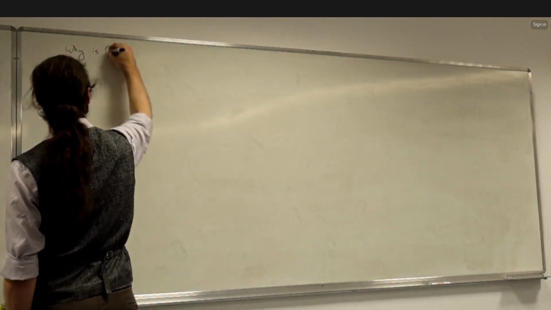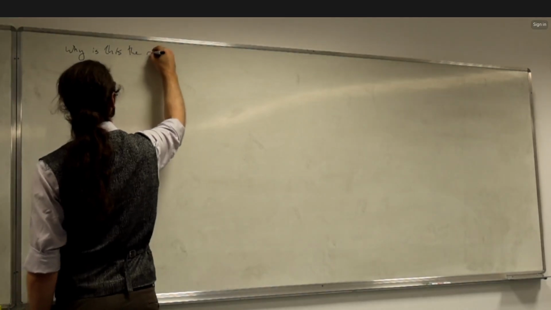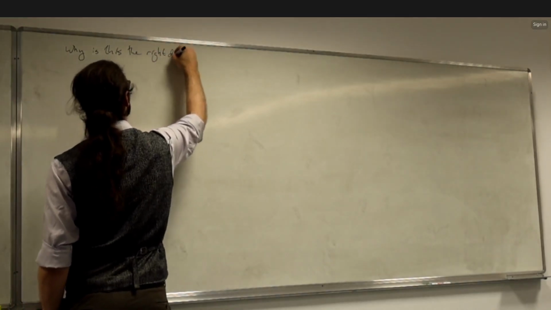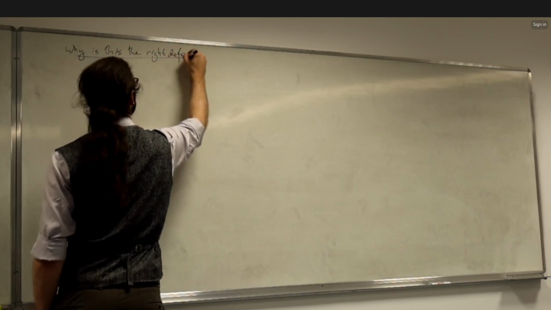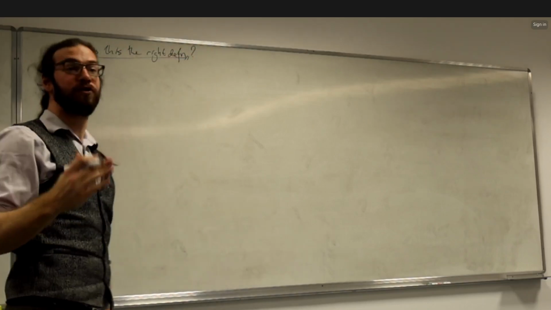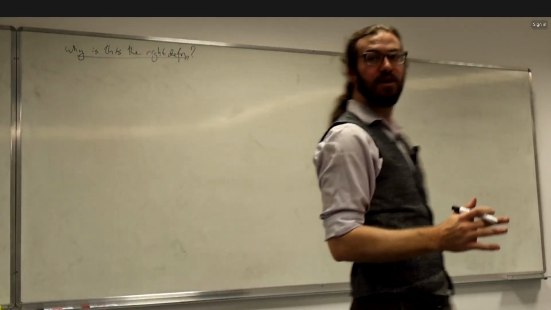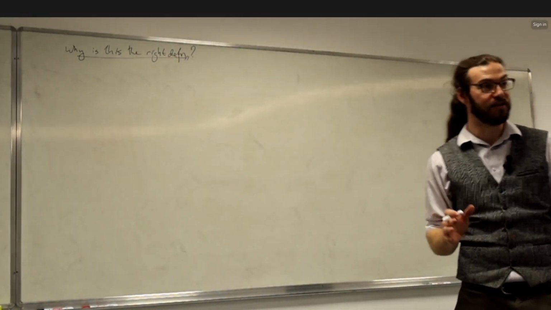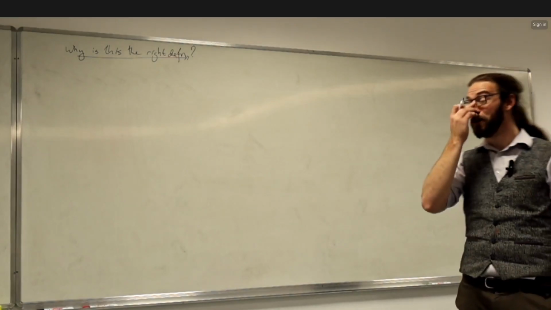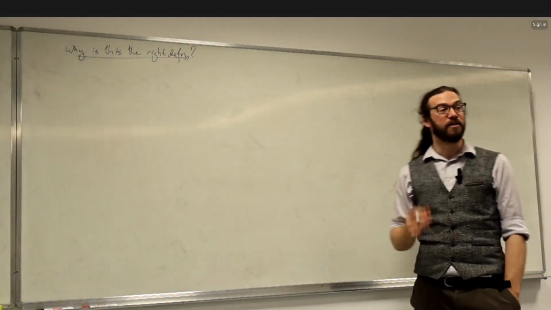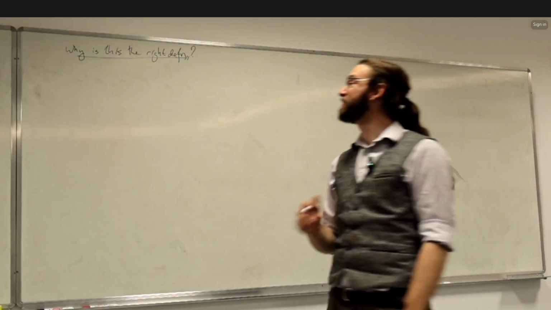Why is this the right definition? Well, I've already motivated it somewhat. I've shown that it agrees with what you get in the one categorical case, which is definitely something that you want.